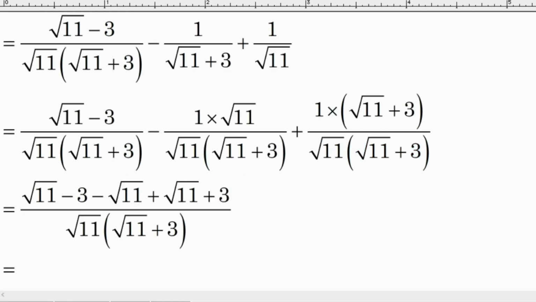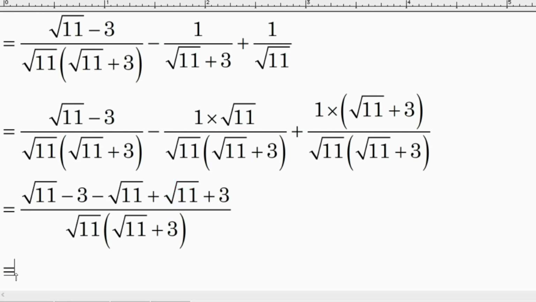Then we calculate it. Square root of 11 minus square root of 11 is equal to 0, and negative 3 with positive 3 is 0 as well. So what is left is square root of 11.